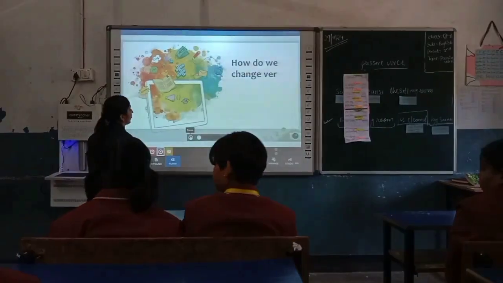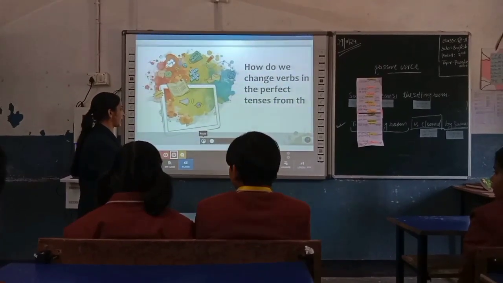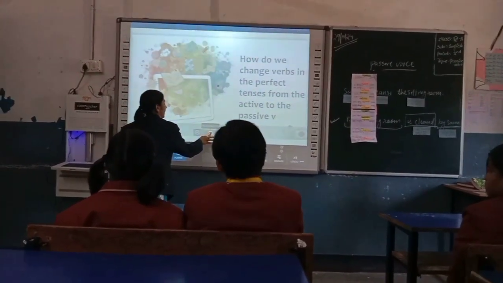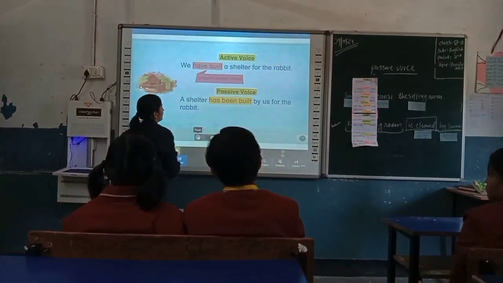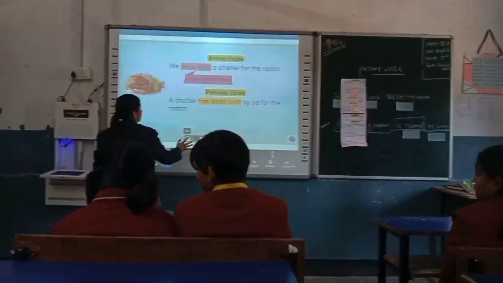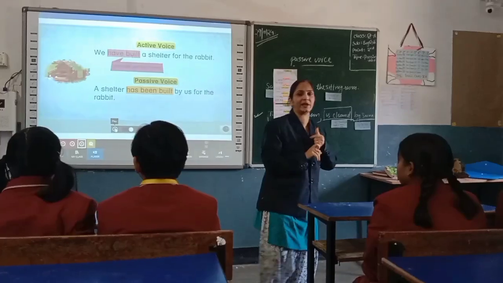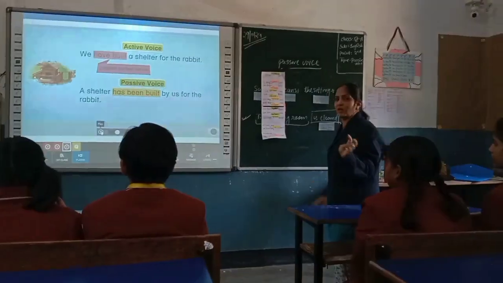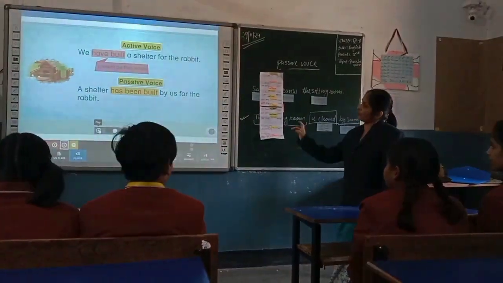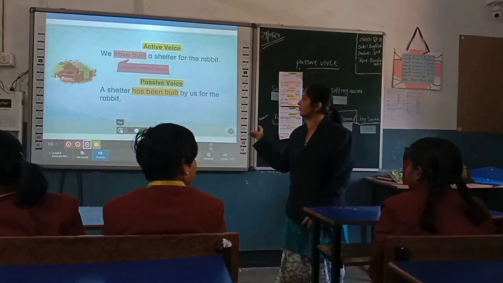How do we change verbs in the perfect tenses from the active to the passive? See this example. This is present perfect tense, where we have built a shelter for the rabbit.